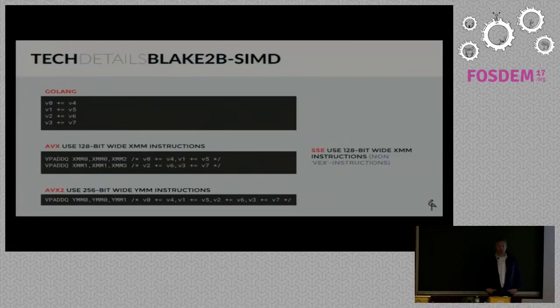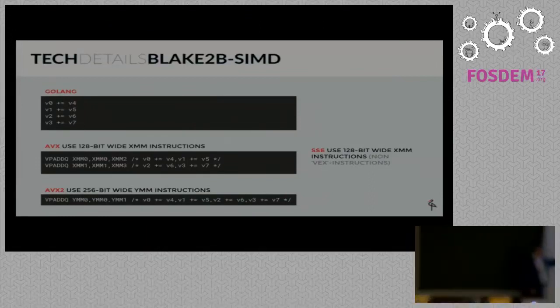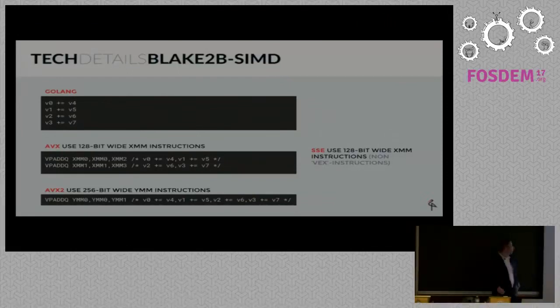So this allows you to do 2 additions in parallel, and this is what you see here. With AVX, you use what are called the XMM registers, which are 128 bits wide. So whereas here it's 2 lines, you can do it here in a single line. And likewise, the second XMM instruction will also take care of 2 of these. So you can go from 4 instructions to 2 instructions.